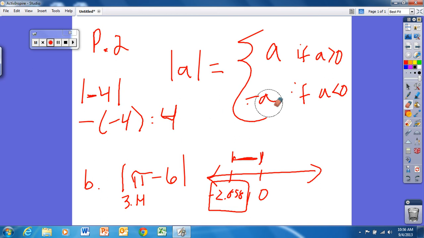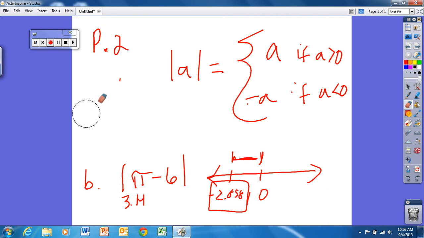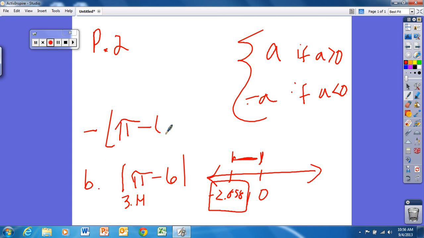-4 is positive 4. So if A is negative, then whatever's inside A, you make negative to find the absolute value. So in this case, it would be negative pi minus 6, which when you distribute the negative, you end up with negative pi plus 6, which is equal to 6 minus pi.